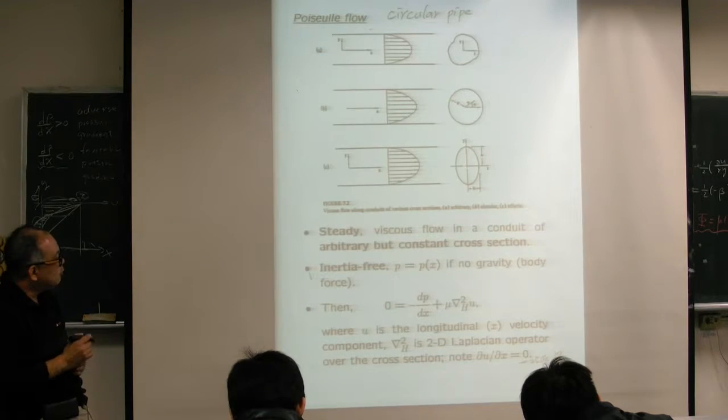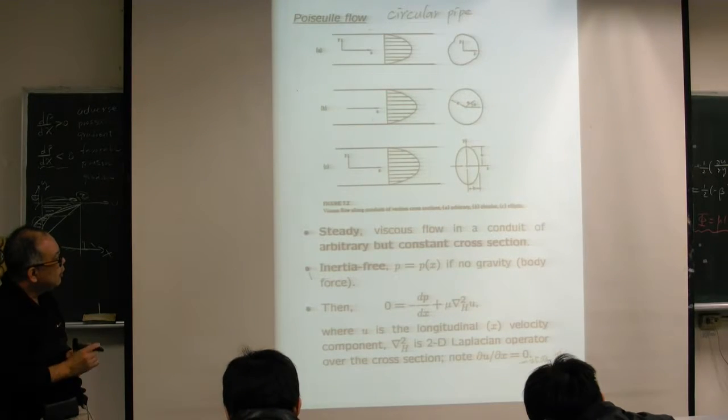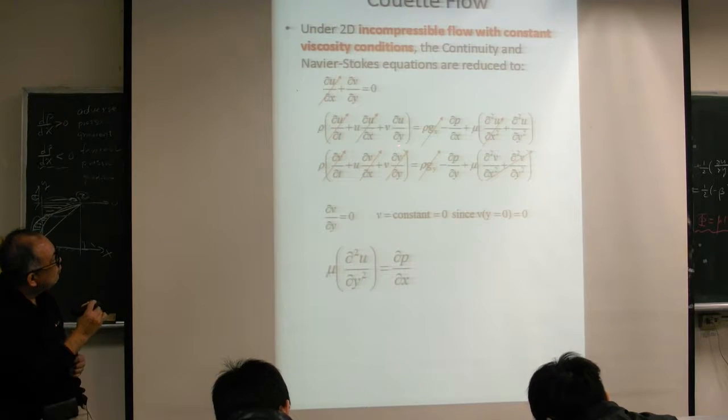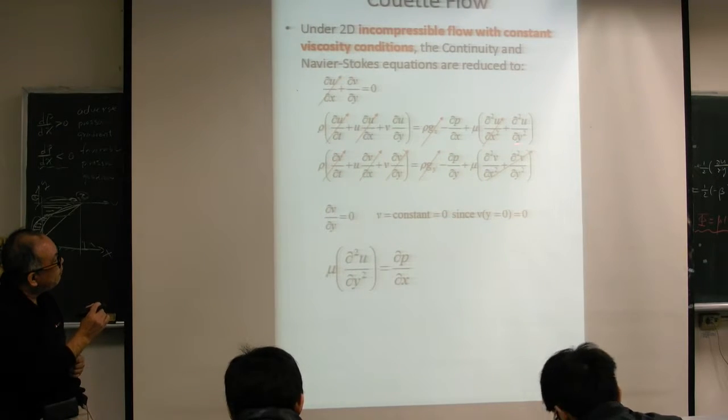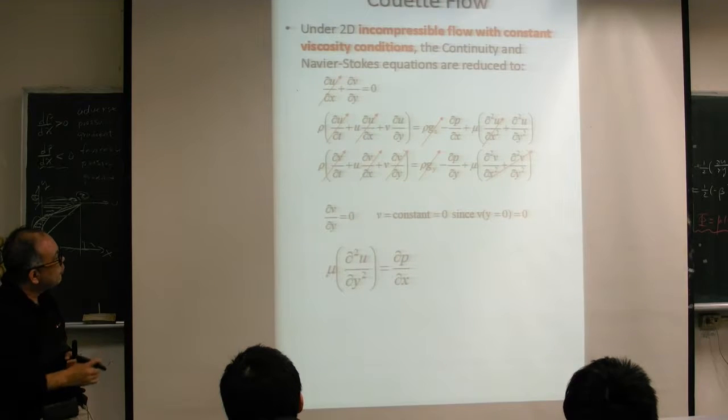Again, this is our x momentum equation, which we reduce to this. Very similar to our previous example, we only have the pressure gradient and a Laplacian. Nu times the Laplacian of u is equal to partial p partial x.